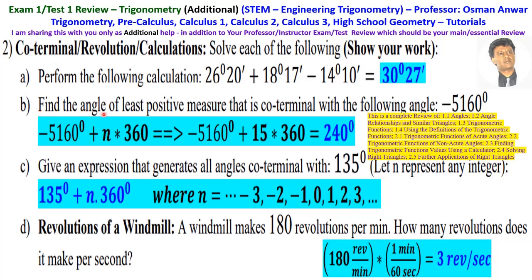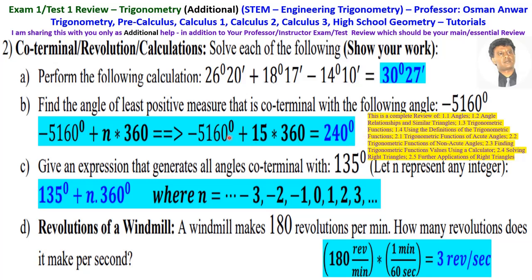Number B is find the angle of least positive measure that is coterminal with minus 5160 degrees. So you keep adding 360 to this negative 5160 until you get a positive number, and that positive number is the least positive number that is coterminal to this negative number.